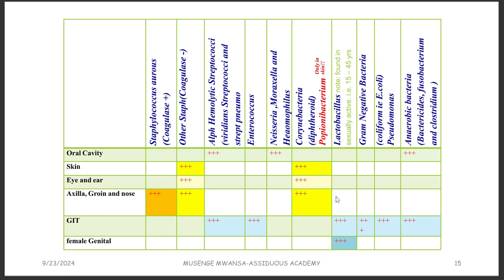And then you can look at now the other regions. Like in the genital tract, the female genital tract, you only have one, Lactobacillus. And this guy is found in the sexually active between 15 and 45.